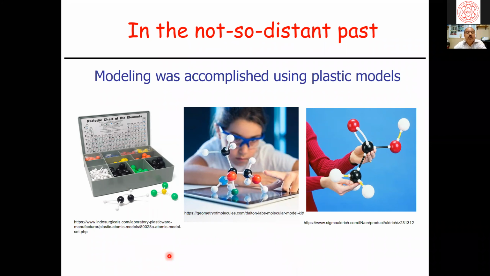I'm sure many of you have also built models using these plastic models, where you have different color-coded spherical balls representing different atoms, joined by cylindrical rods, which give you the various bonds. And this is how you build various models and study the properties of the molecules.